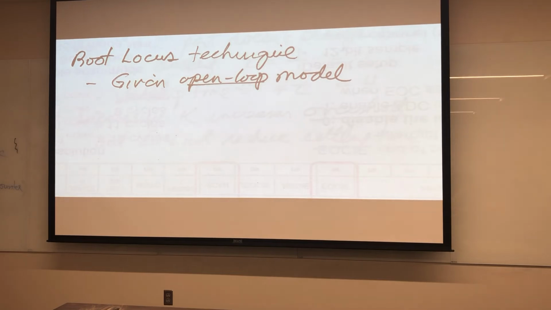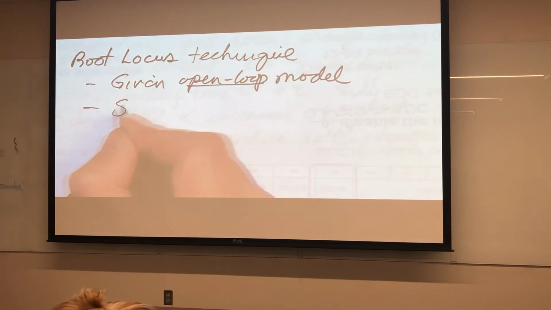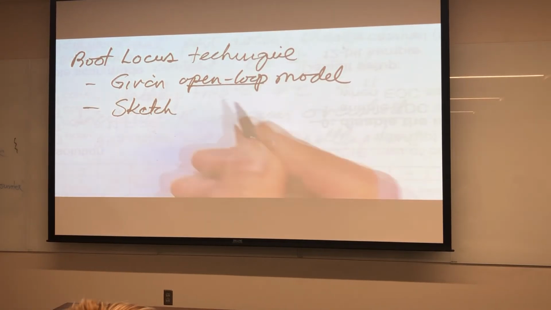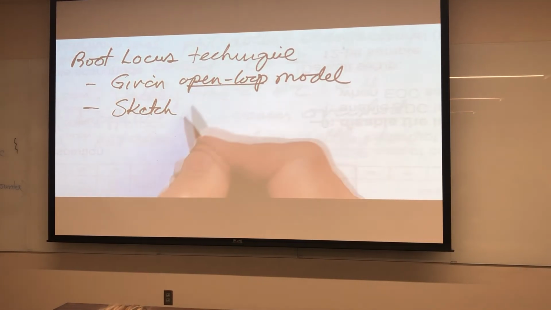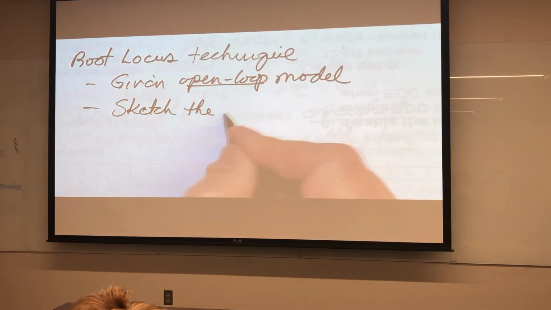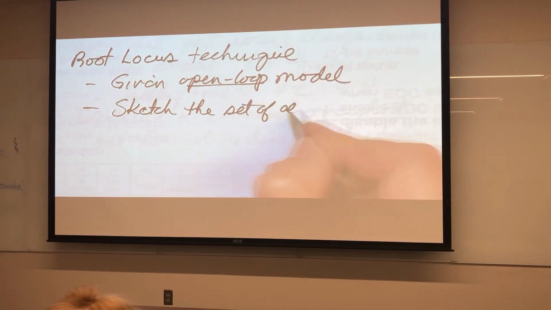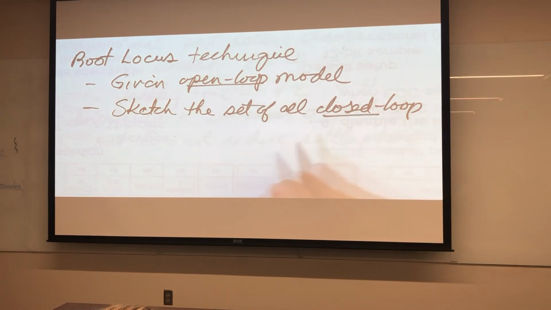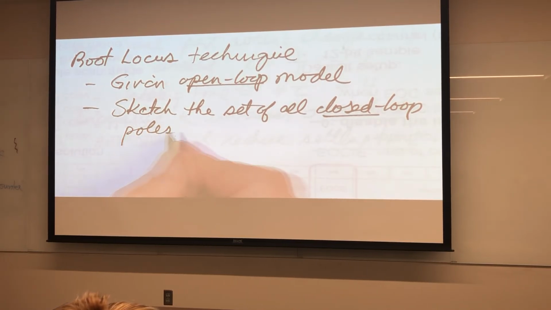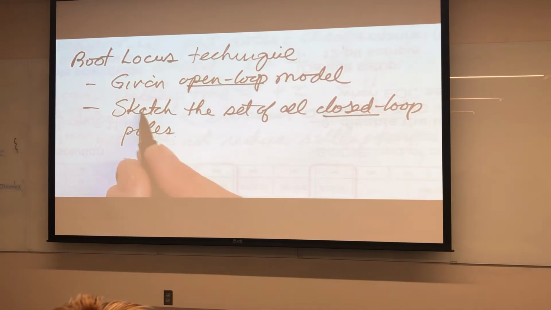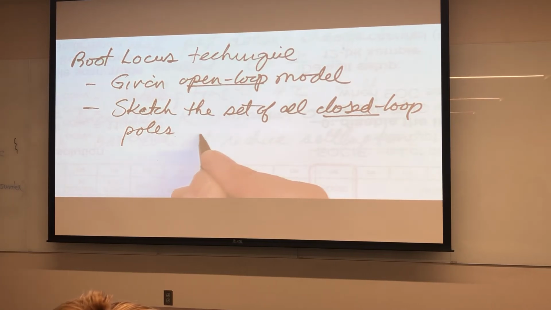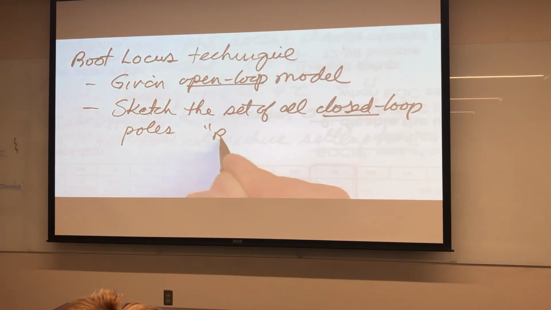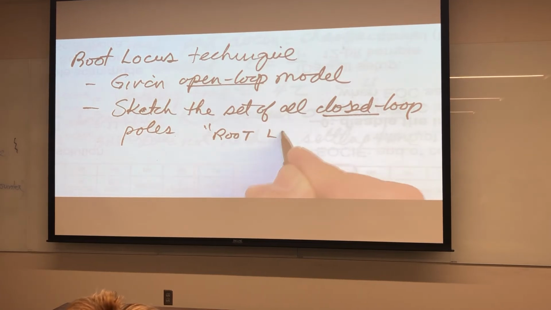Given that we have the open loop model, we're going to sketch the set of all closed loop poles. Sketch means we're going to draw a set of points. And so this is called the root locus.